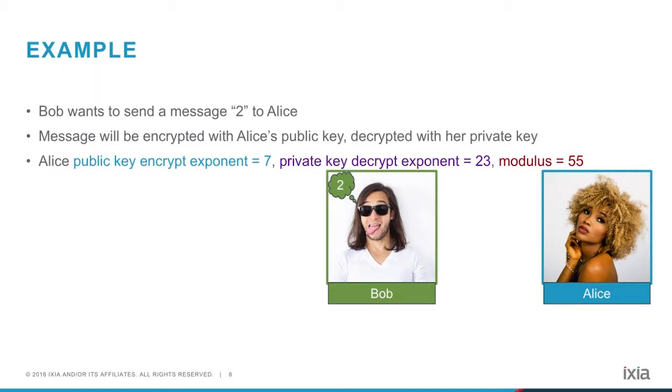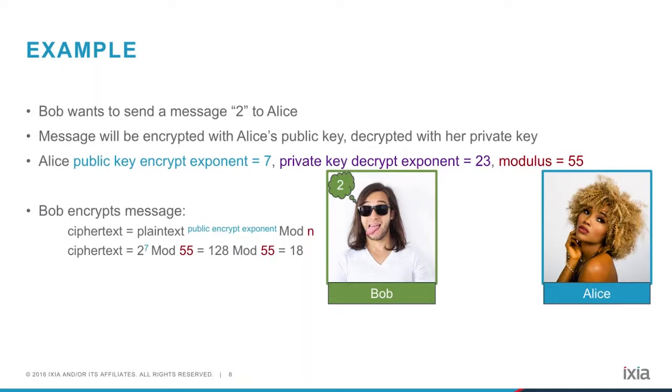So for Bob to encrypt his message, he takes that plain text, which is the number 2, raises it to the public encryption exponent, which is 7, and then takes the modulus of that by 55. So that's 2 to the 7th mod 55, that's 128 mod 55. If you divide 55 into 128, you get 2 with a remainder of 18. So that is the encrypted message that he sends to Alice.